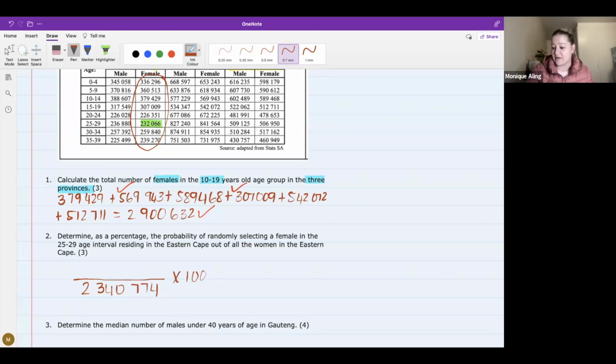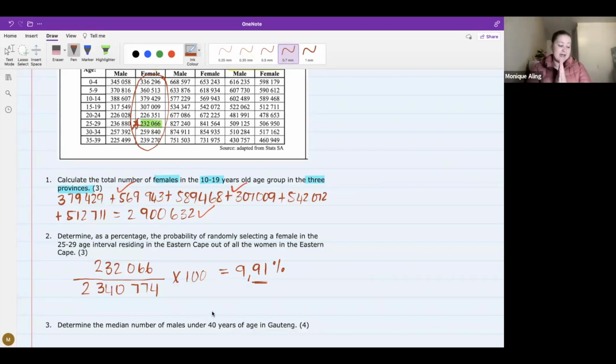We are specifically looking at females between 25 and 29, so that number is 232,066 over the total females in Eastern Cape times by 100. You should get an answer of 9.91%. Don't forget, percentages need to have 2 decimal places unless they say otherwise, and don't forget the percentage sign.